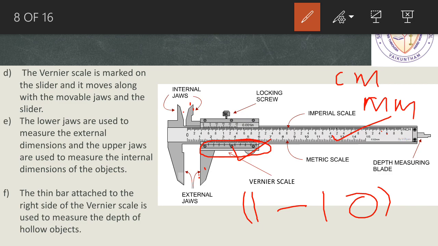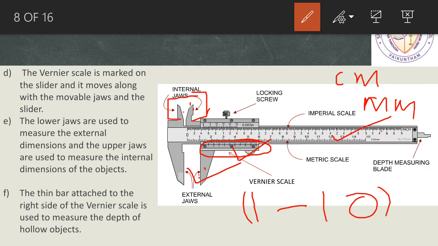For example, if you are given a sphere and want to find out the diameter, then we will be using the lower jaw, because we are finding an external dimension. Then the upper jaw is used to measure the internal dimensions of objects. If you are given a cup and want to find the inner diameter of that cup, you will place the cup outside this jaw like this, and then you will find the inner diameter.